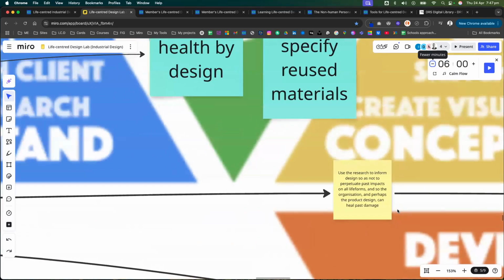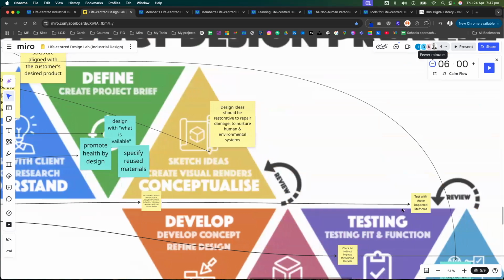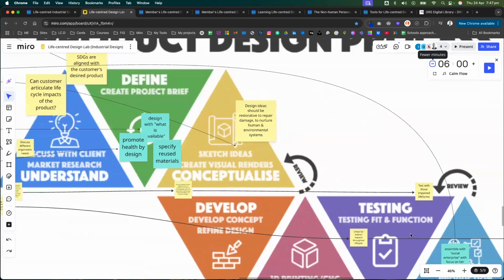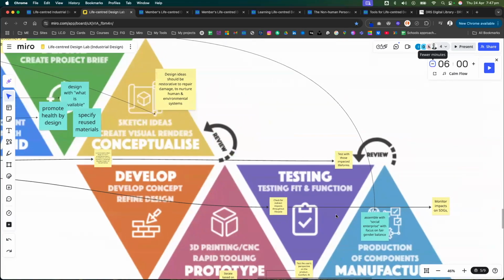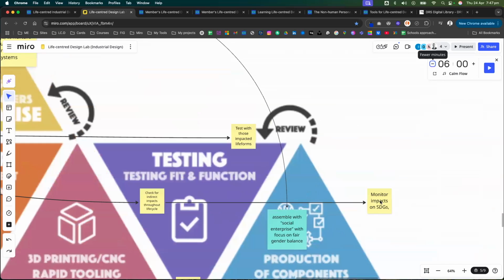So if we were perhaps using a material that's not sustainable, just ensuring that we pivot from that. Also testing the results on those impacted life forms once it's designed and developed. And that's the same with the sustainable development goals, just understanding their past impacts, setting some metrics, and checking those impacts when we test. And then afterwards, once it's launched, just monitor the impacts as well with those metrics.